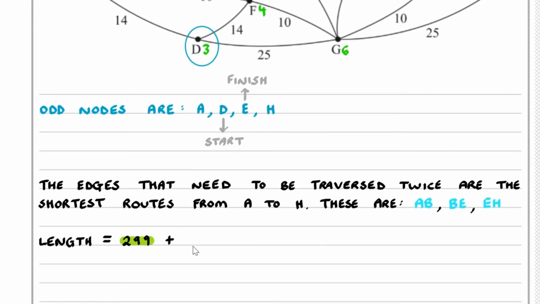So we add 299 to 8 to 3 to 16, and if we work this out, we end up with 327 kilometers.